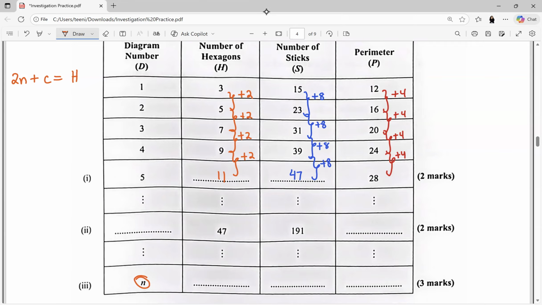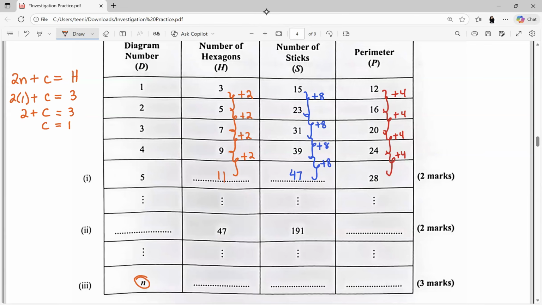So if I'm using the diagram number as 1, that would be 2 times 1 plus c is equal to the number of hexagons, which is 3. So 2 plus c is equal to 3, which makes c equal to 3 take away 2, which is 1.